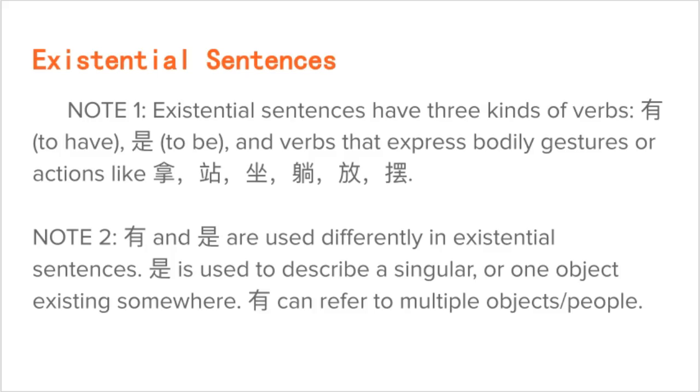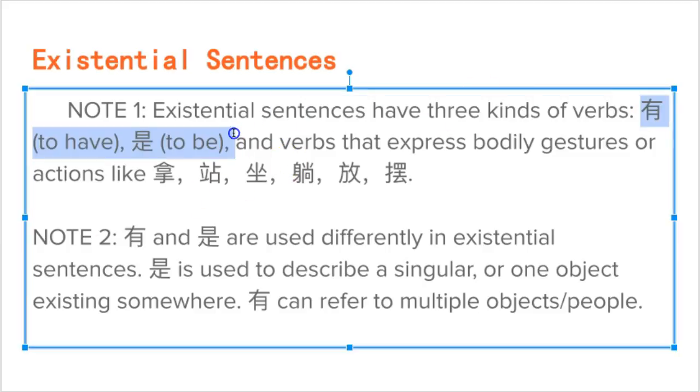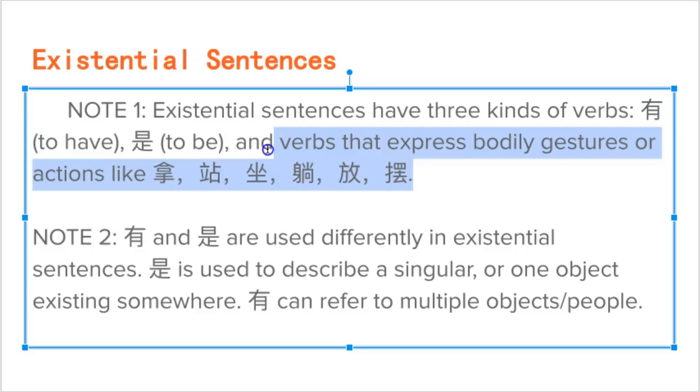So an existential sentence, you can use different kinds of verbs with it. Right? You can say 有, there is a book. But you can also use actions that express bodily gestures, and it gives a more specific meaning to the existential sentence.